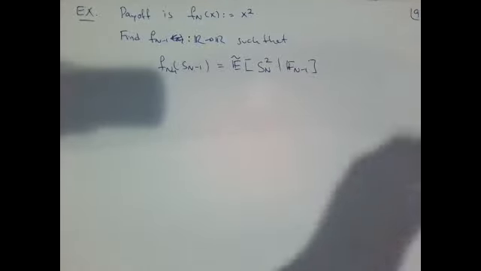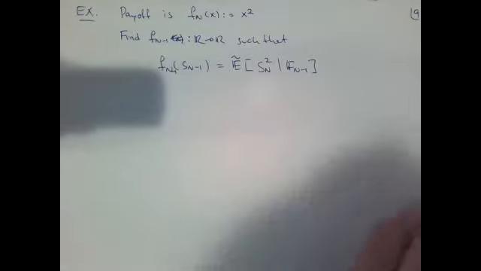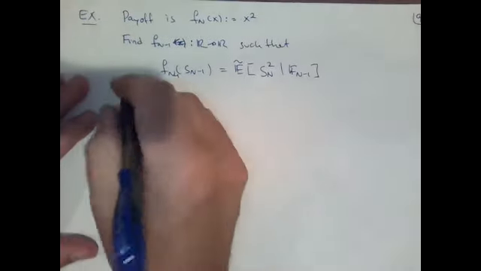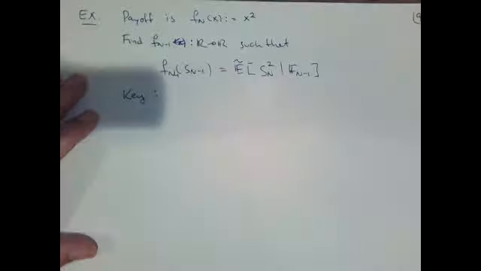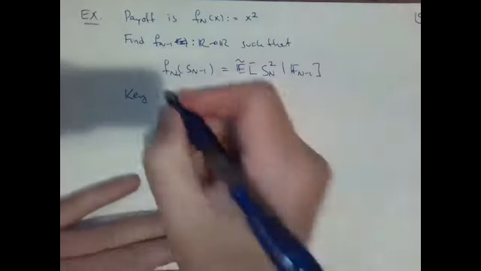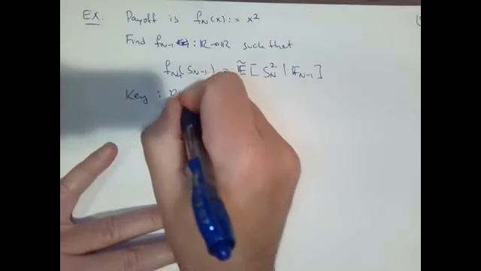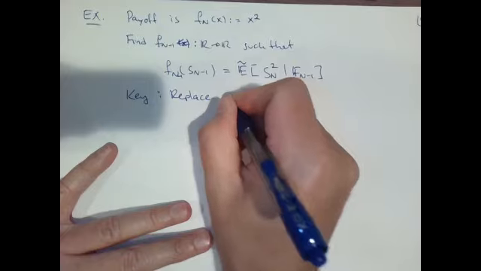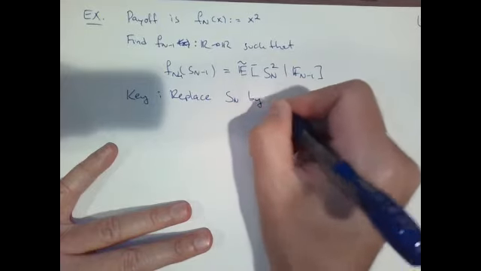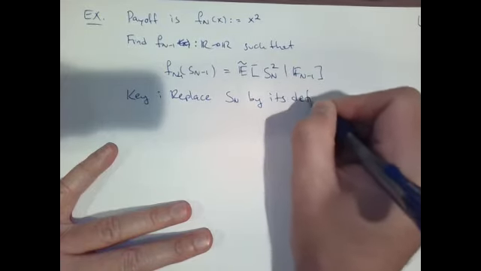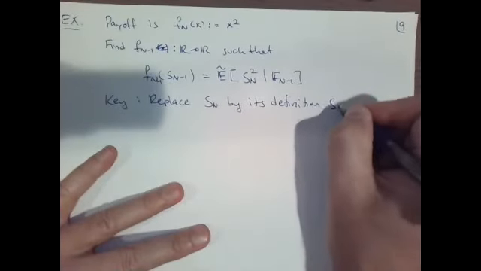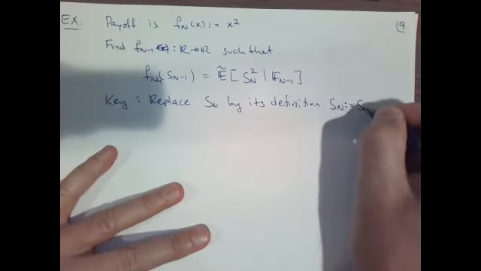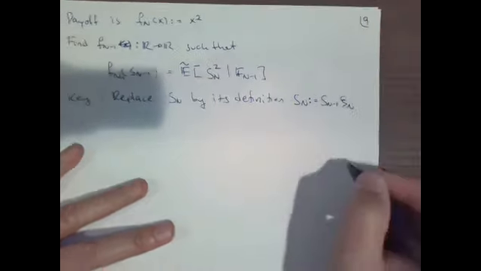So how would we go about doing this? Well, again, the key ingredient is, you have to replace Sn by its definition. So this will be Sn, it's defined to be Sn minus 1 times this Bernoulli.